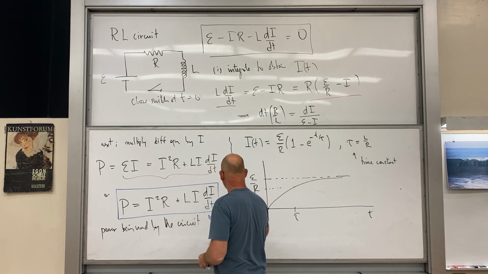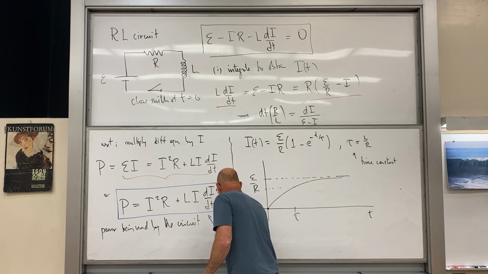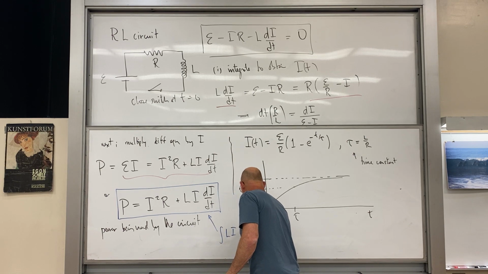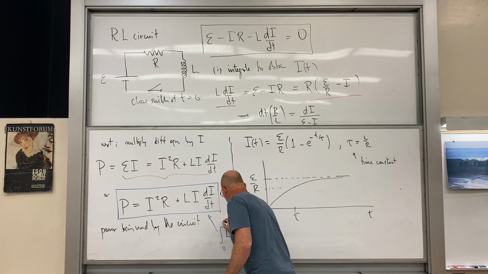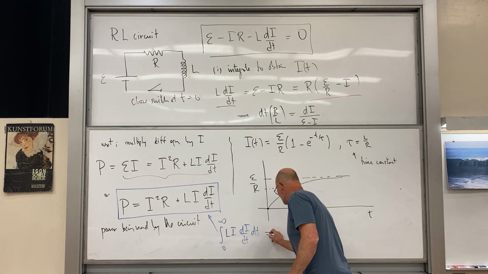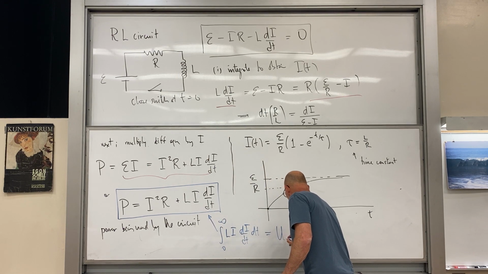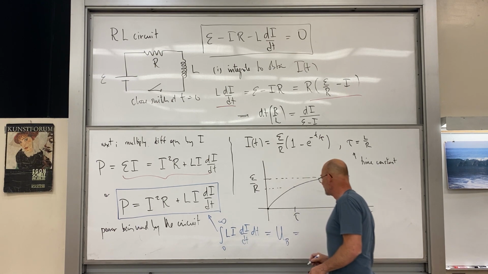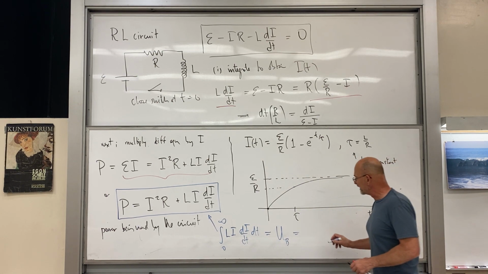So what we could do is integrate L I di dt from 0 to infinity, that would be, I'm going to call it U sub B, the energy stored in the magnetic field.